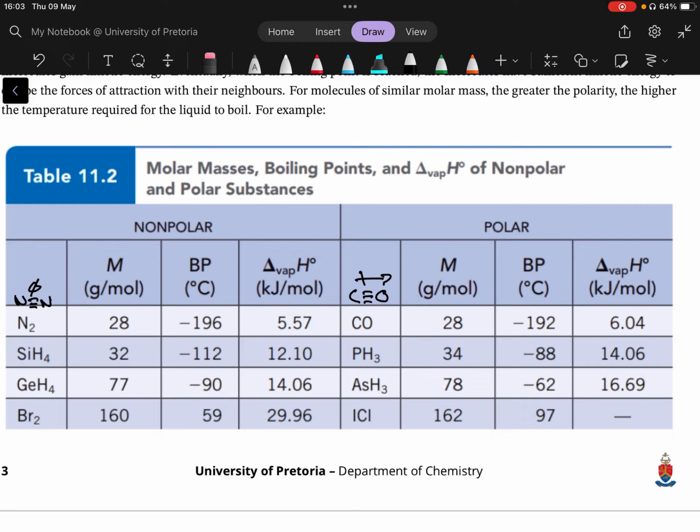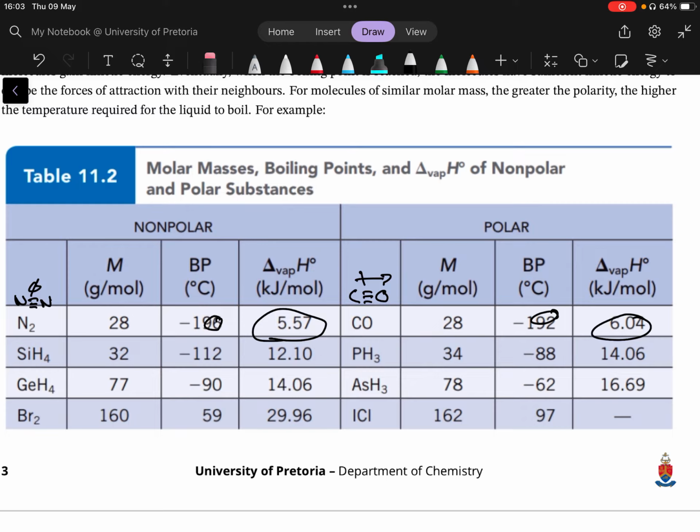Their molar masses are the same. They have the same form. They're linear molecules. But we see there is an increase in the boiling point, meaning the CO has a slightly higher boiling point than N2. It also has a slightly higher enthalpy of vaporization, meaning we will need more energy to vaporize a molecular compound of CO versus N2.